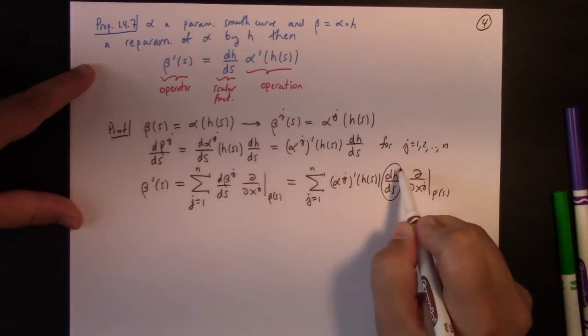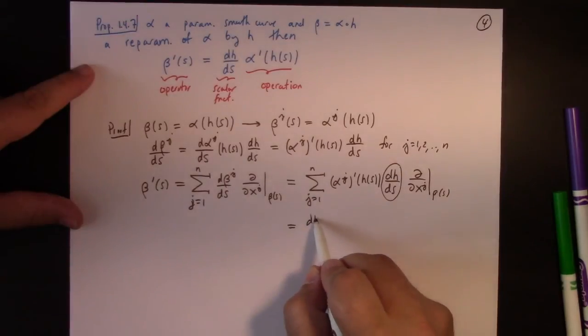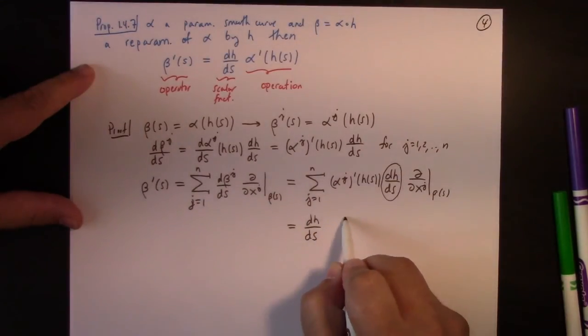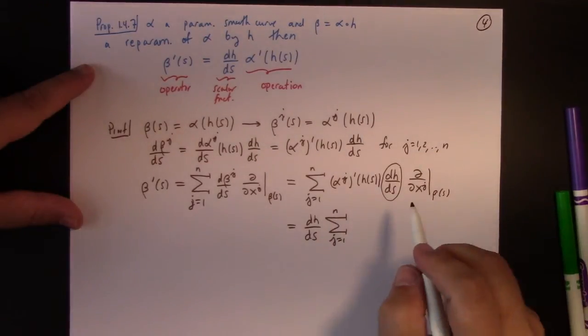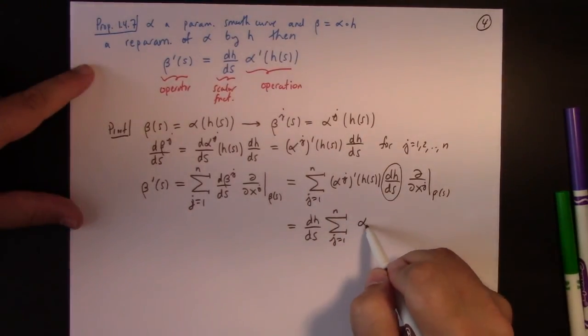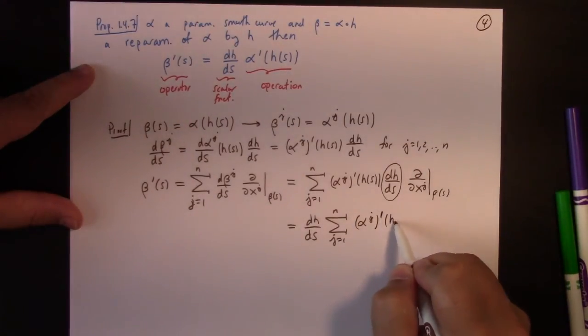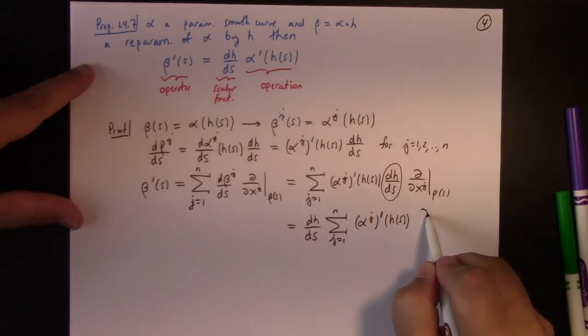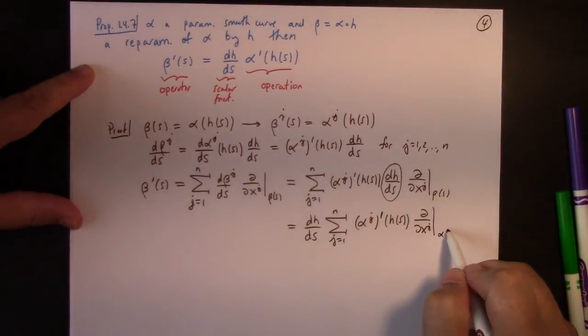Now, we have one of these terms for each j, so I can pull that out. And I have dh ds times the sum, j equals 1 to n, of alpha jth component differentiated, plug in h of s, and then I've got partial xj. Beta of s is, after all, alpha of h of s.